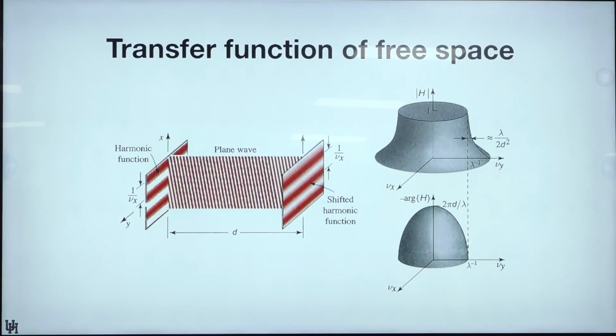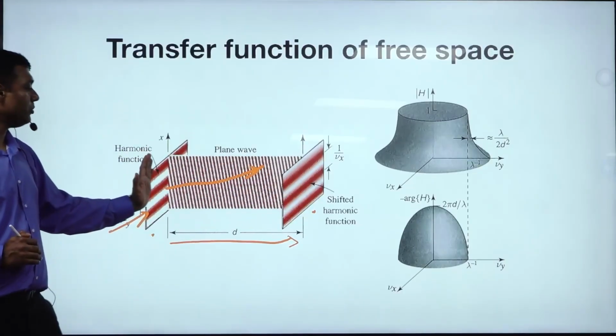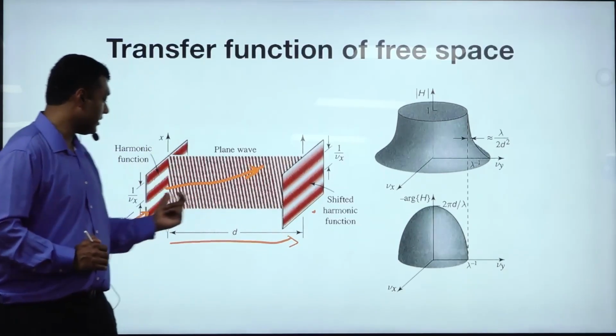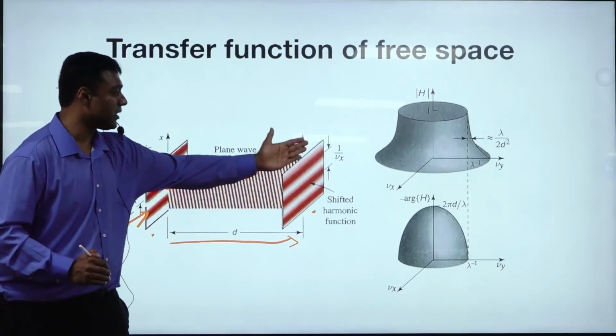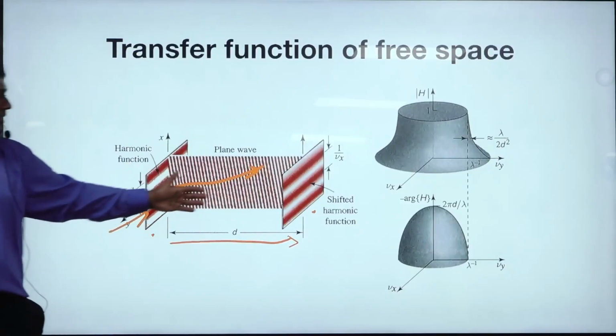If you have just a plane wave in a certain direction incident, traveling a distance d, and you look at it at a different plane, all that has happened from here to here is that it has accumulated phase. This is a certain spatial frequency, the same value of spatial frequency, except that its phase has changed a little bit.